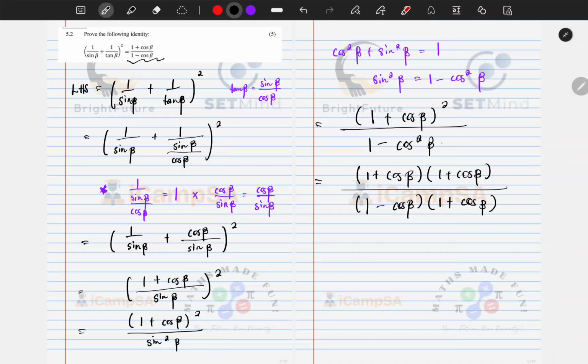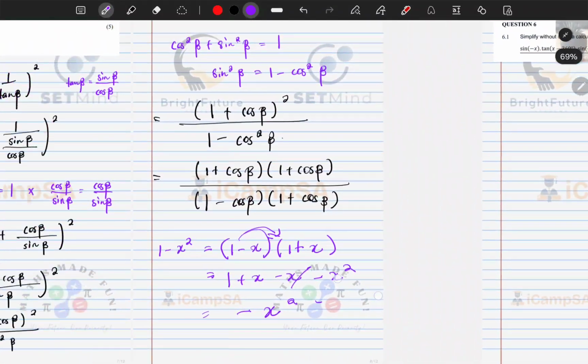This is the same thing as having 1 minus x squared, which can also be written as 1 minus x times 1 plus x. If you expand the brackets, if you do the FOIL, it's going to be 1 plus x minus x minus x squared. So this and that will cancel, and we are just left with 1 minus x squared. So what we did there is essentially the same thing.